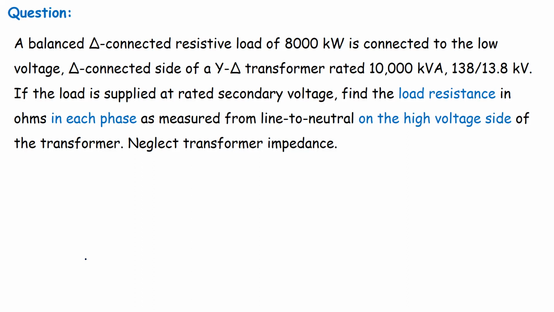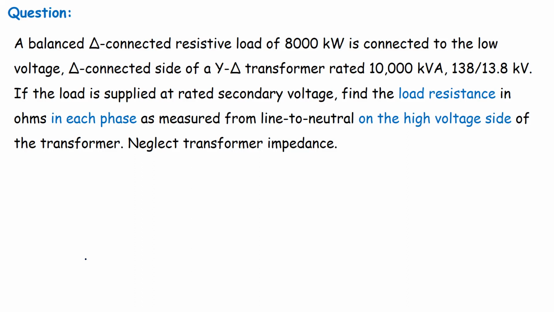Okay, and the transformer is rated for 10,000 kVA, which is the three-phase power rating, and the line-to-line voltages on the high voltage side or the Y side is 138 kV, and the delta connected side is 13.8 kV. So the voltages are always line-to-line quantities because only line quantities are accessible, and the power for a three-phase system is always three-phase power. Okay. With that information, let us proceed.